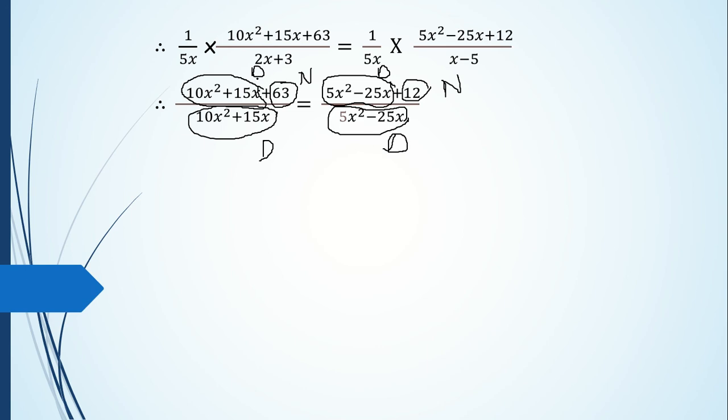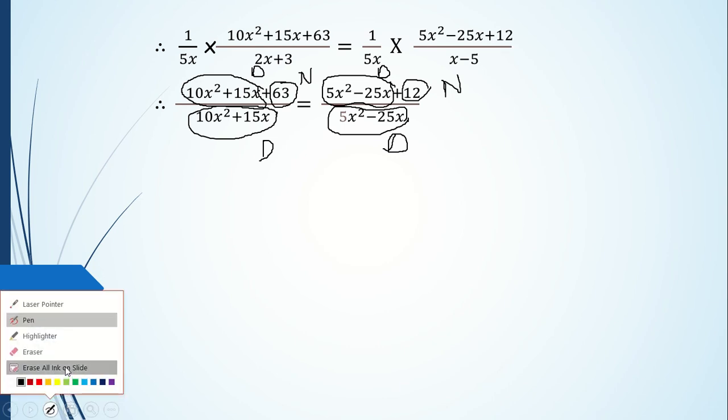So numerator plus denominator upon denominator, numerator plus denominator upon denominator. So looking at it, this is a componendo, the plus sign is there. So we will do the opposite of it, dividendo.